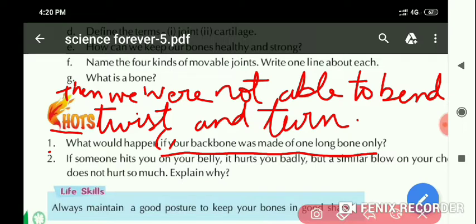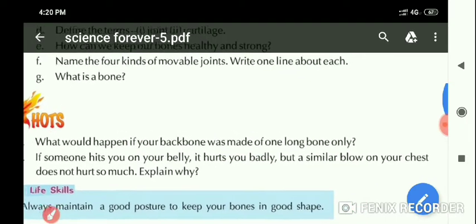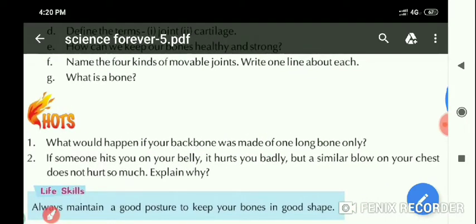Now move to question number 2. If someone hits you on your belly, it hurts you badly. But a similar blow on your chest does not hurt you so much. Explain why.